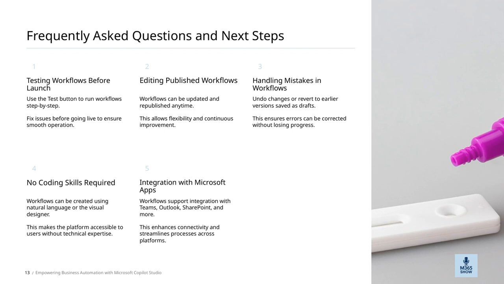Finally, before you go live, use the testing feature to run workflows step by step. This helps you catch and fix any issues early, ensuring everything runs smoothly when it's time to deploy. Together, these features make Microsoft Copilot Studio a powerful, user-friendly tool to boost your automation efforts efficiently and confidently.